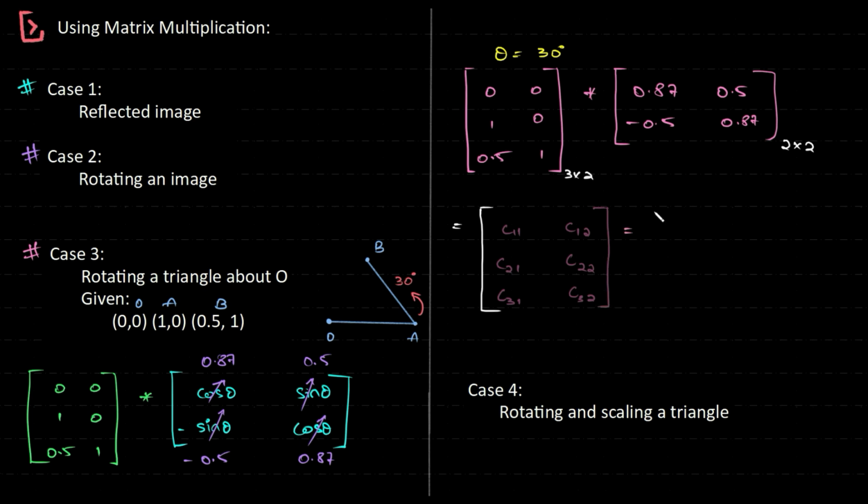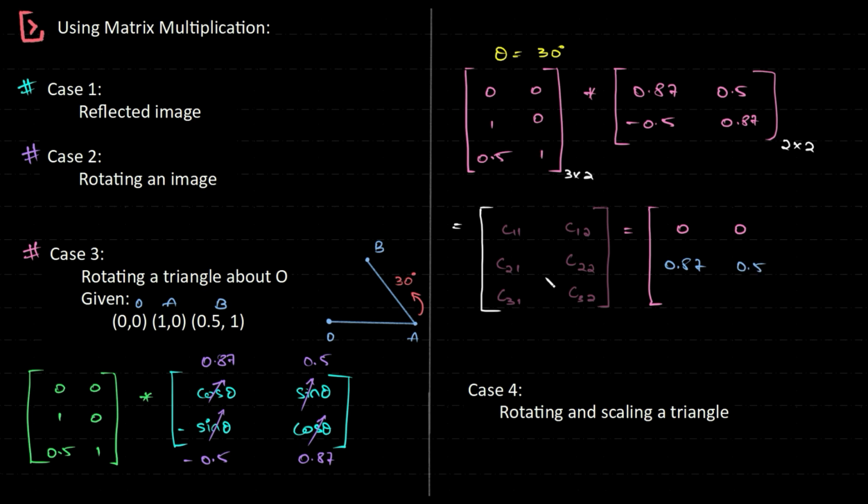So basically we are looking at C11, that is first row, first column. So all of this is 0, clearly 0 into anything is 0. First row, second column is C12, that too is 0. Next, C21, second row, first column. So this is 0.87. Then we have second row, second column. This is 0.5.